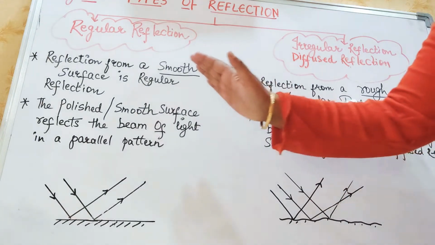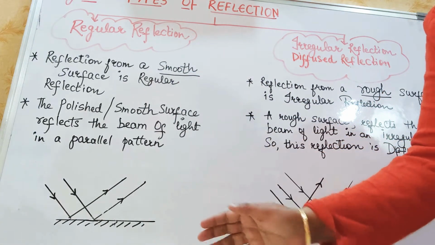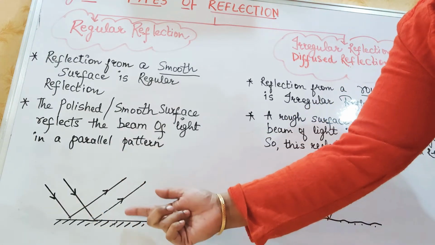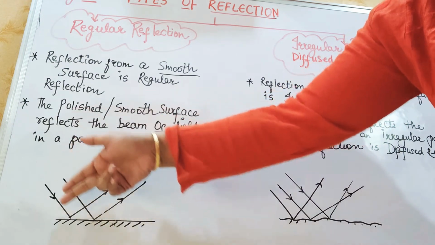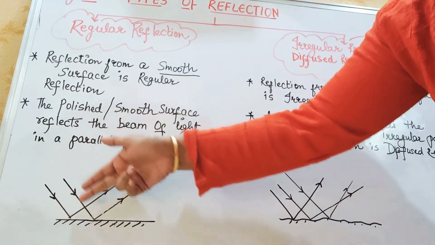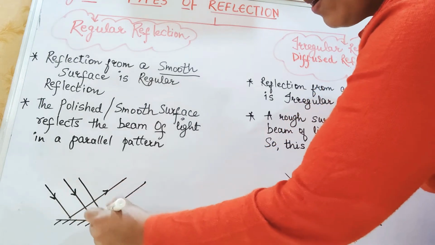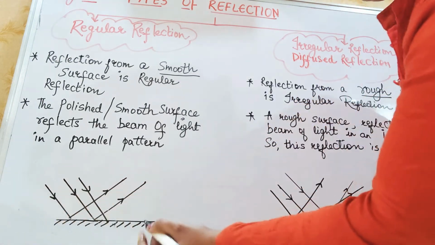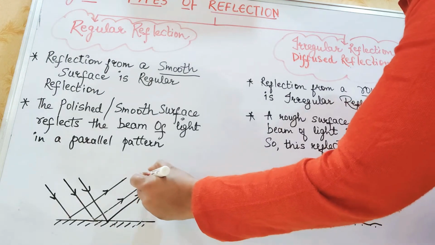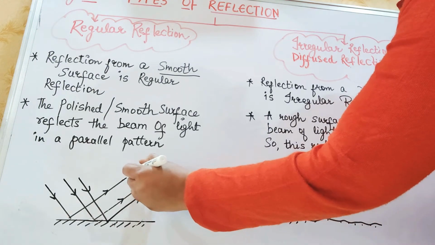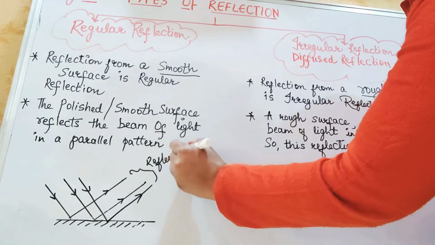Now, when we see the ray diagram of this particular reflection, we have seen that such reflections show a regular pattern. That is, when the beam of light is parallel, I have taken two beams. You can take one more beam which is parallel to each other. Then the reflection is also parallel. So these reflected lights are parallel to each other.